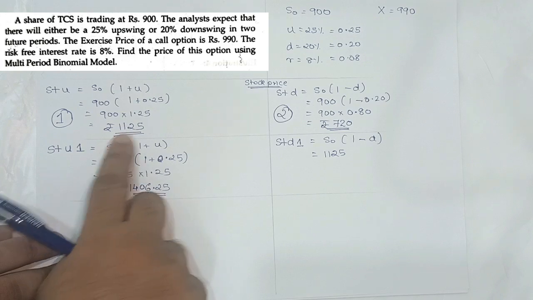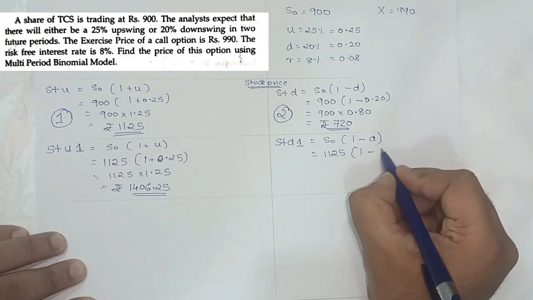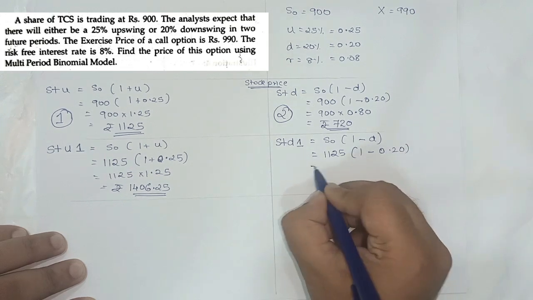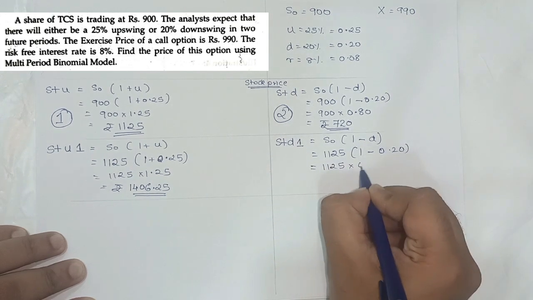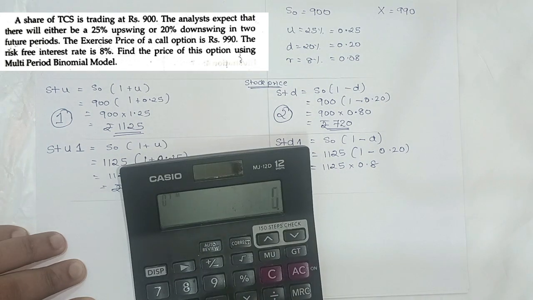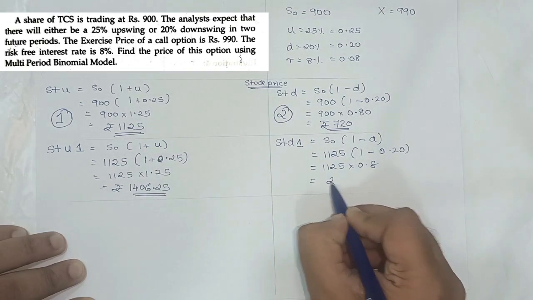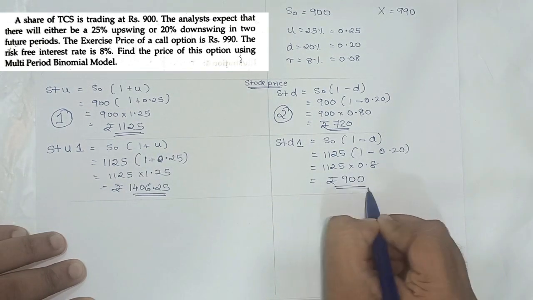If there is a downswing, it will be 1125 into 1 minus 0.2, so 1125 into 0.8. On the calculator, the value comes to 900, so that will become rupees 900.